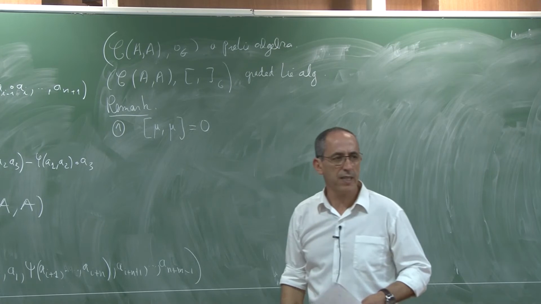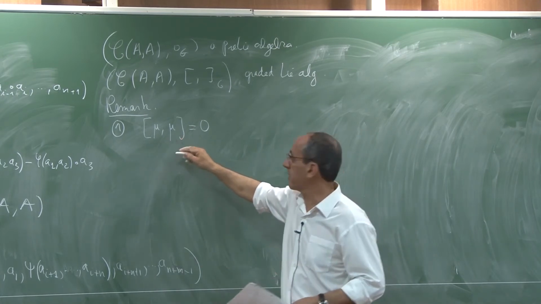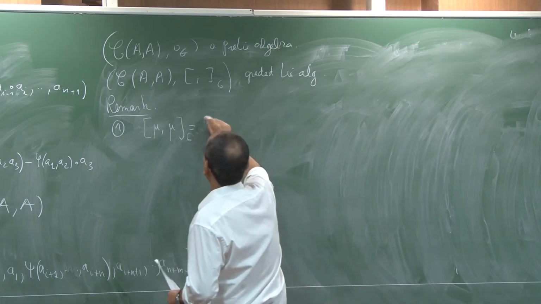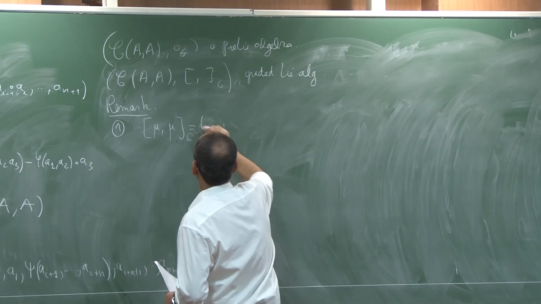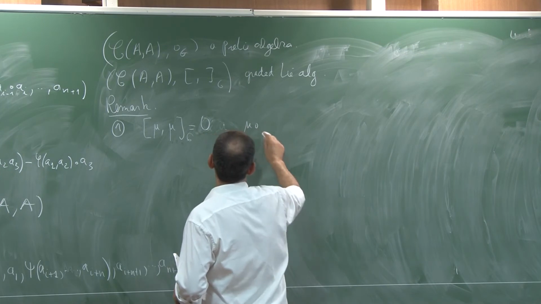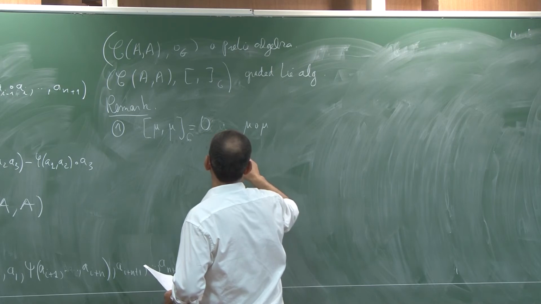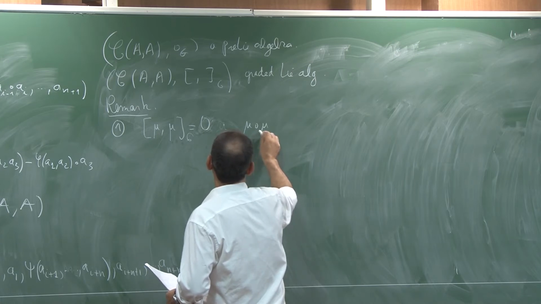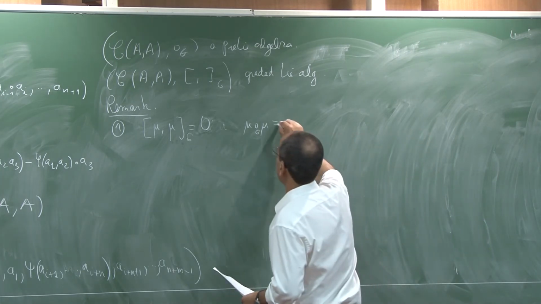The Gerstenhaber bracket of mu with mu is equal to twice mu composed with mu. It's a ternary operation.